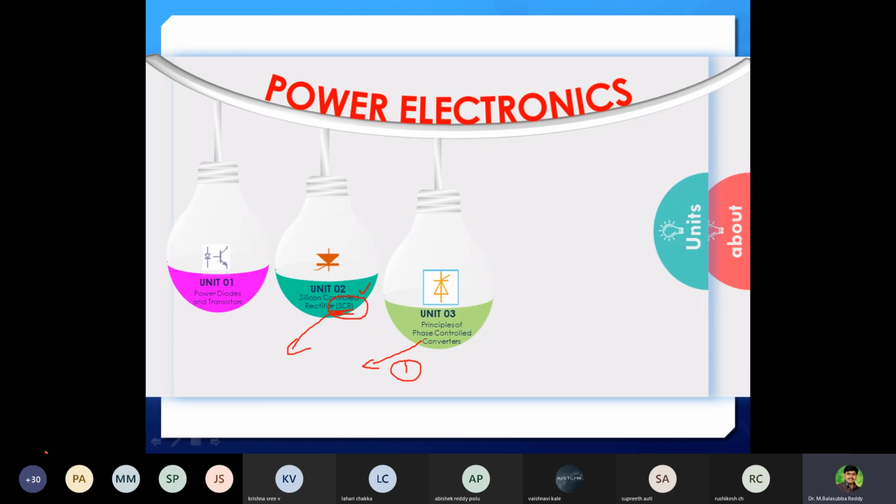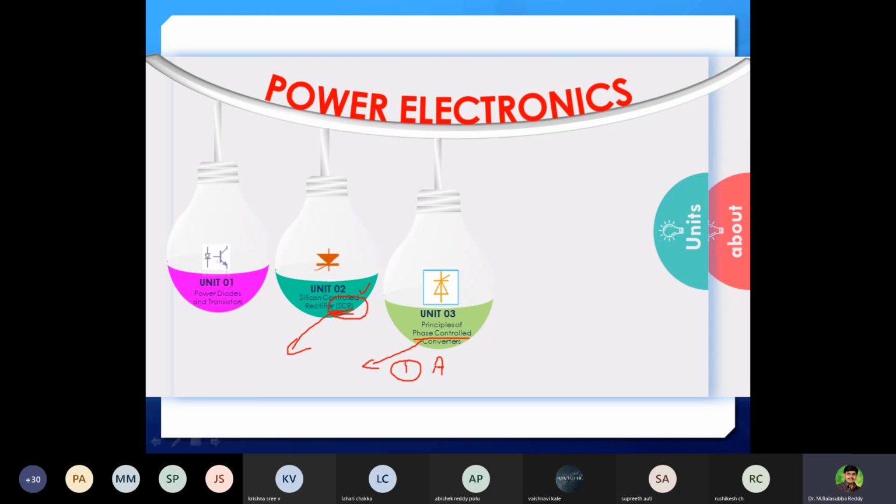A controller means a combination of control and conversion, but in general we call it a controller. The name of this controller is phase controlled rectifier. This unit deals with the phase controlled rectifier, and its function is to convert AC to DC.